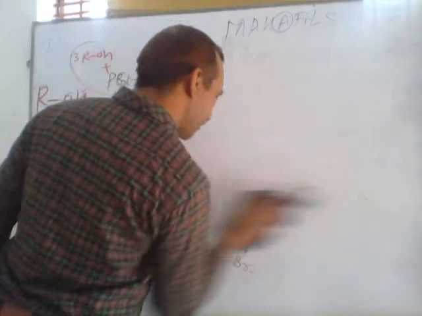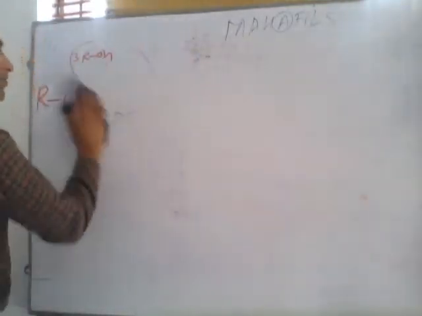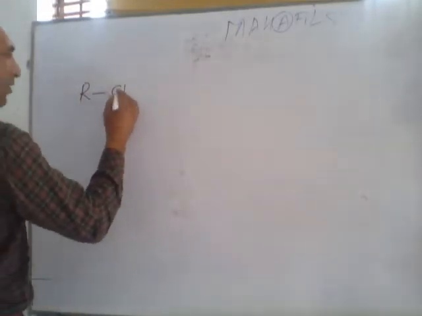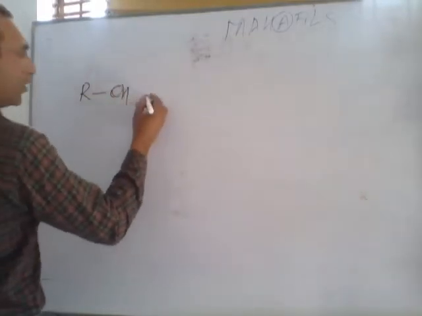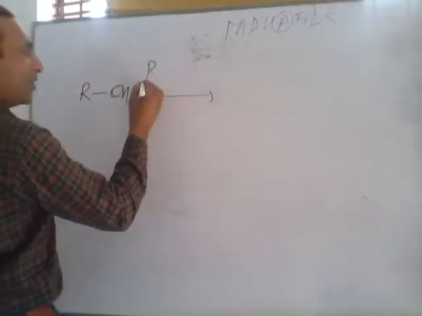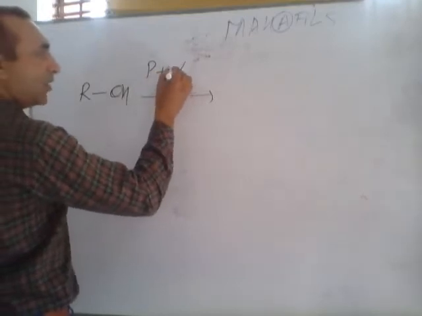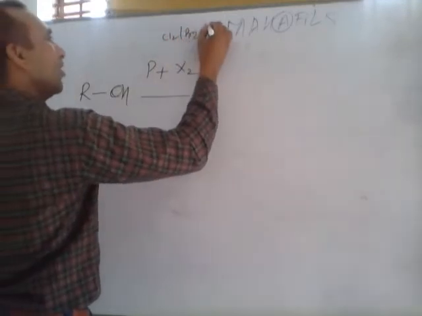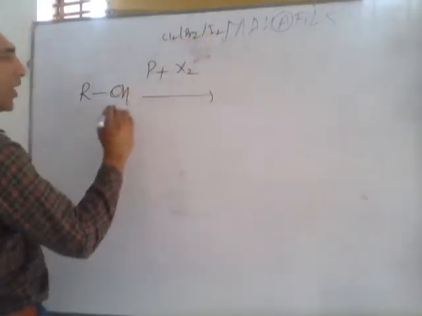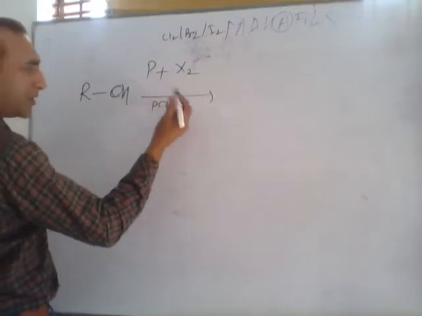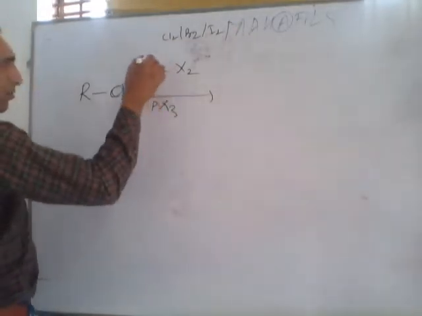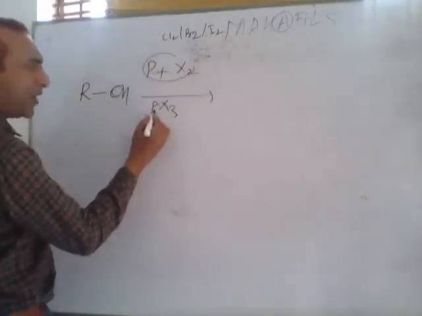If you want to form an iodo or bromo compound, then with ROH we use red phosphorus along with X2. This X may be chlorine, bromine or iodine. These two react and form PX3, that is PCl3, PBr3, PI3. So the reaction of red phosphorus and halogen gives PX3.